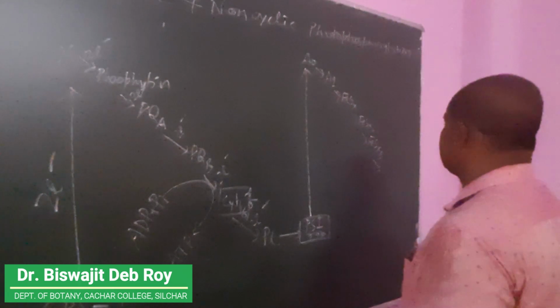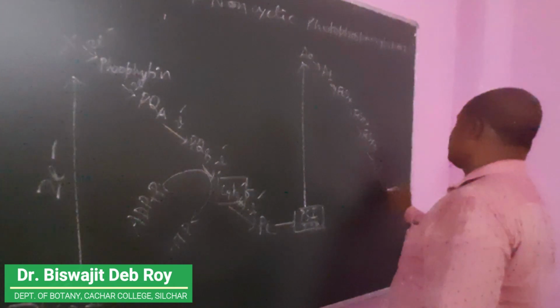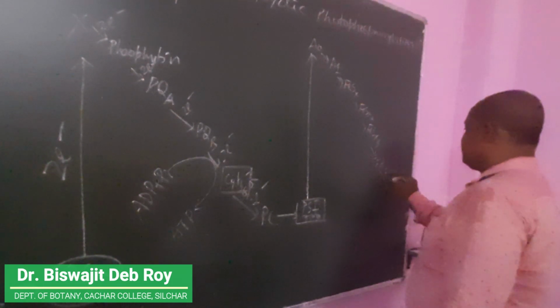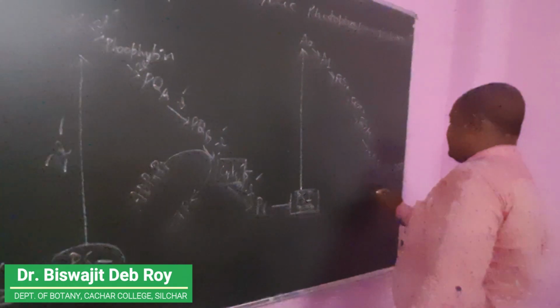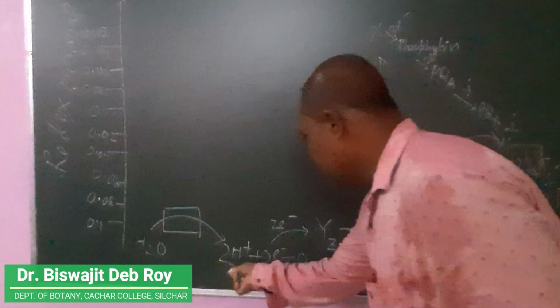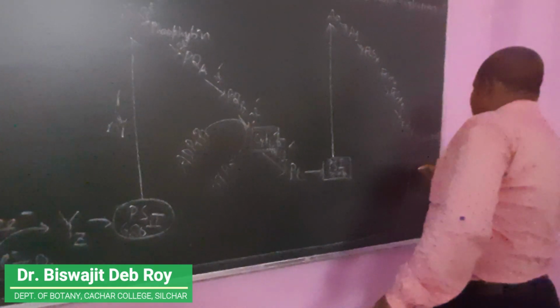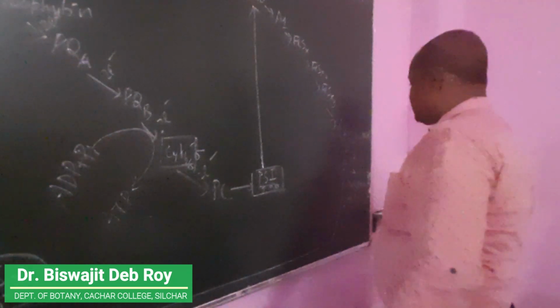Then it will transfer its electron to ferredoxin, and from ferredoxin, in the presence of the enzyme ferredoxin NADP reductase, it will be transferred to NADP, and this NADP will take H plus from the lumen of the thylakoid and ultimately form NADPH plus H plus.